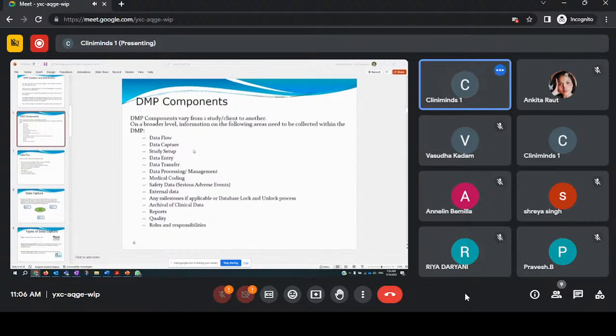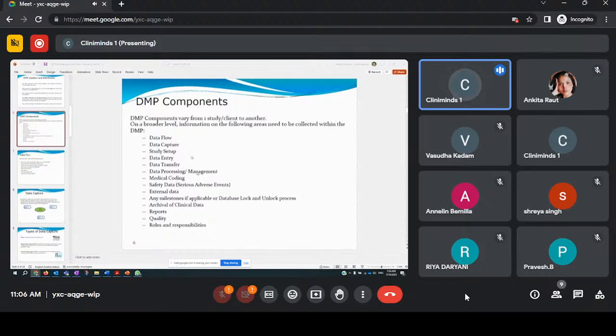Then the study setup part, how we are going to set up the study, in which software we will be setting up the study, which version we will be using, which coding dictionaries we will be using, which type of reconciliation we will be doing, right? And all the activities which come into the setup part will be given in the DMP.